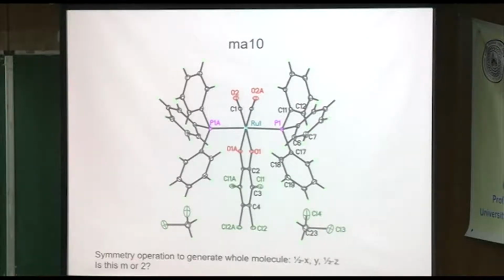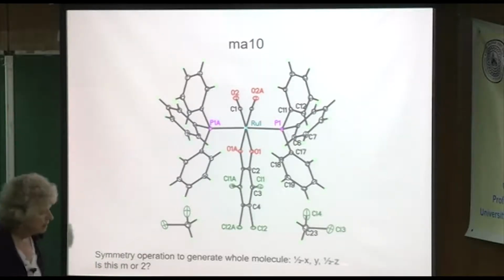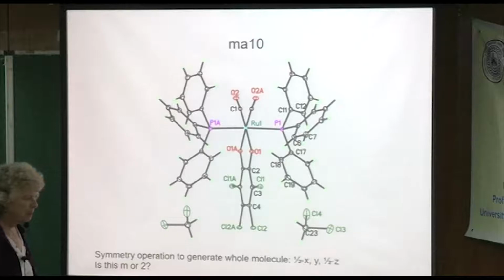But you can tell what the symmetry operation is that generated the other half. I can tell very easily, like in XP, and in fact every program is going to give you the symmetry operation, but you usually don't pay attention to it. Here's a simple rule of thumb: if two of the positions are changing sign, it's twofold. It's a twofold rotation.